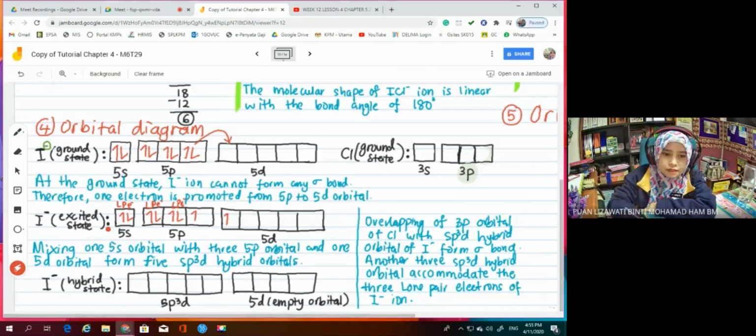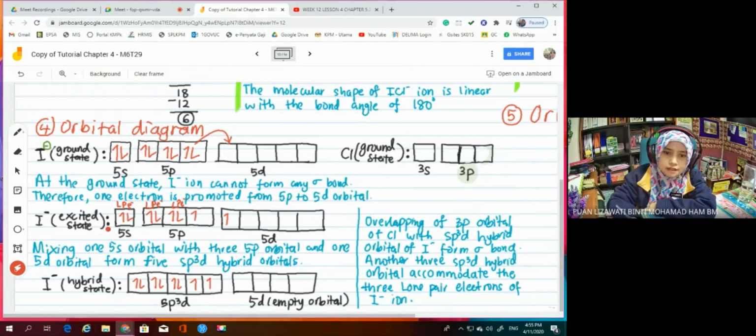So we have to mix one 5s orbital with three 5p orbitals and one 5d orbital to form five sp3d hybrid orbitals like this. Then you have to draw the electrons: 3 paired electrons and 2 single electrons.